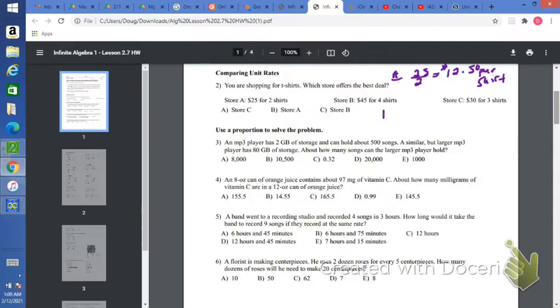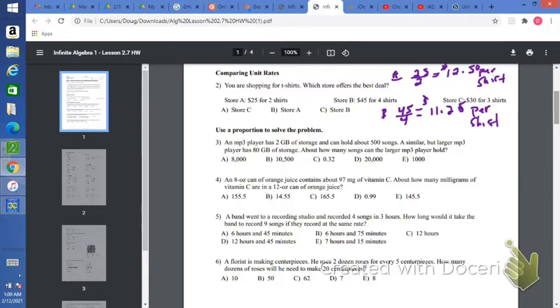If we look at store B, it's $45 for 4 shirts. If we do 45 divided by 4, we're going to get $11.25 per shirt. Okay, so these are the unit rates here.